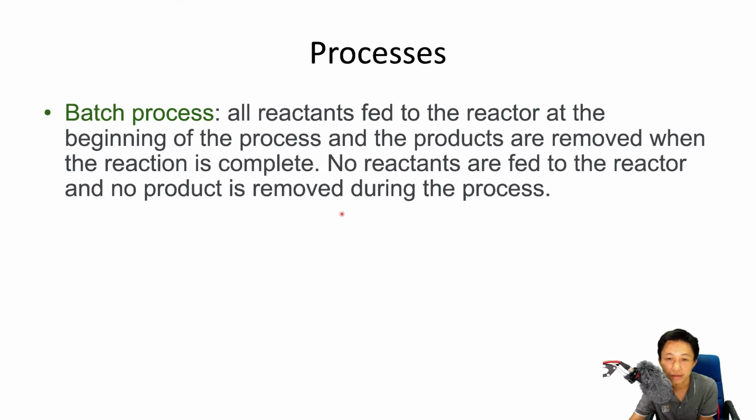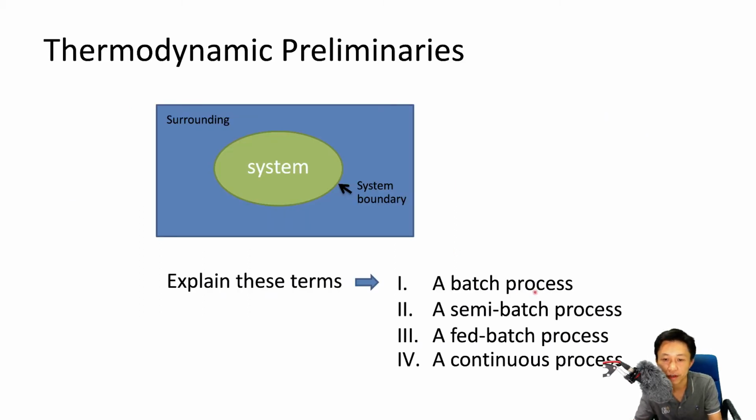In the meantime, you are not going to feed your reactants, and you cannot withdraw the products during the process. This is the batch process. Everything is added at the beginning, and when it's finished, you just remove it.